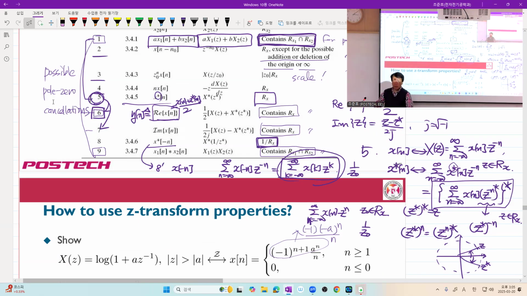However, after you convolve and obtain a new signal, let's say y, the sum of y of n z to the negative n may converge outside the intersection of these two by, again, pole zero cancellation. Okay? So you will see some examples later.